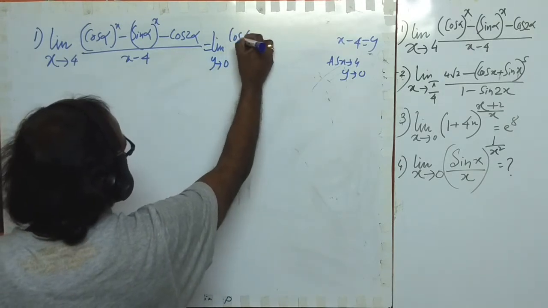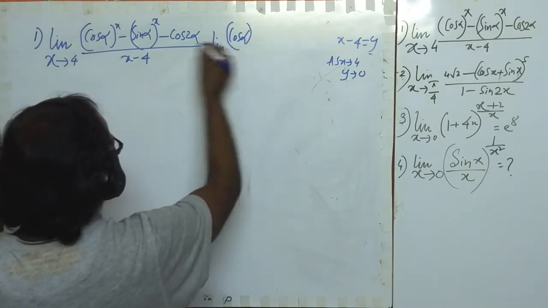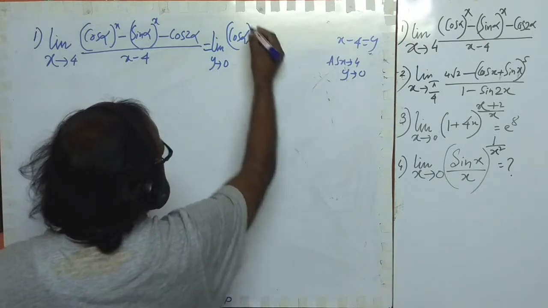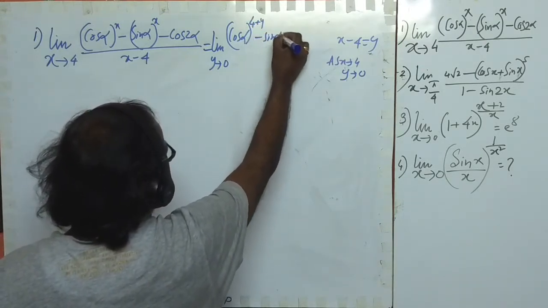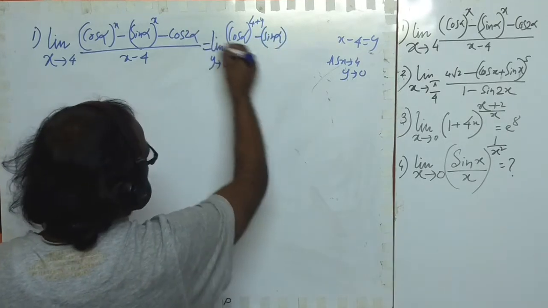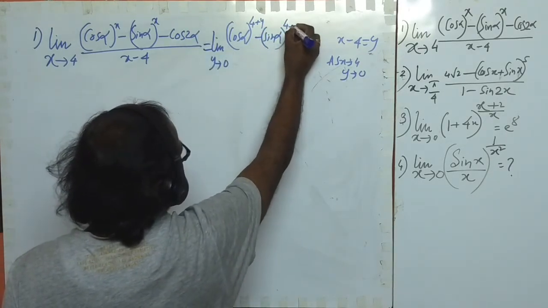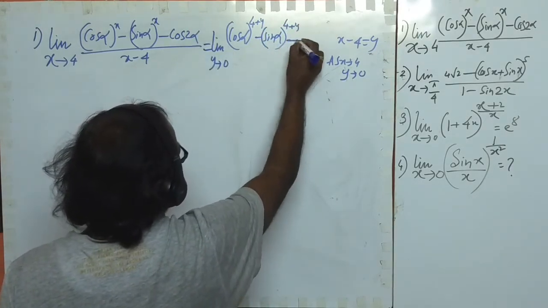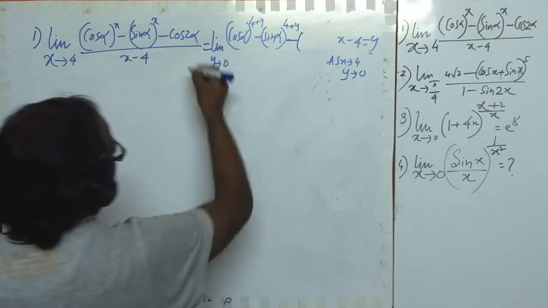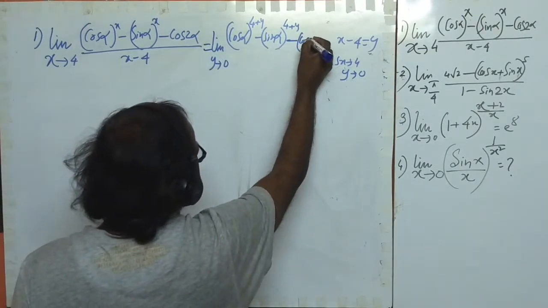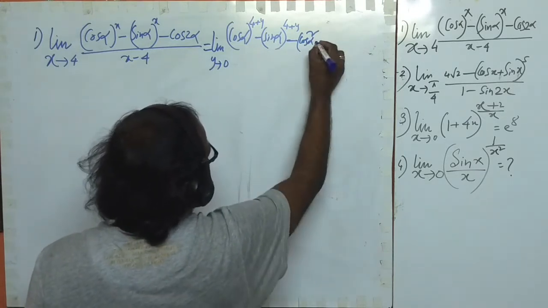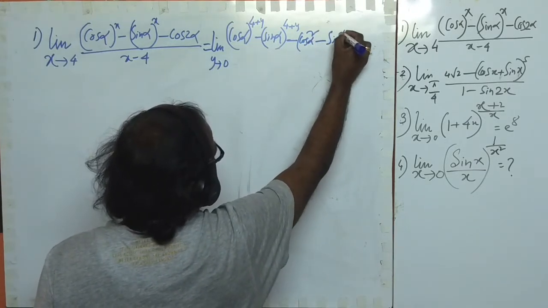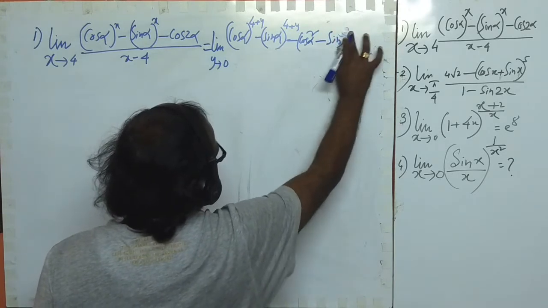Now cos alpha to the power x means cos alpha to the power 4 plus y, and sin alpha to the power x means sin alpha to the power 4 plus y. And now cos 2 alpha we can write as cos square alpha minus sin square alpha.